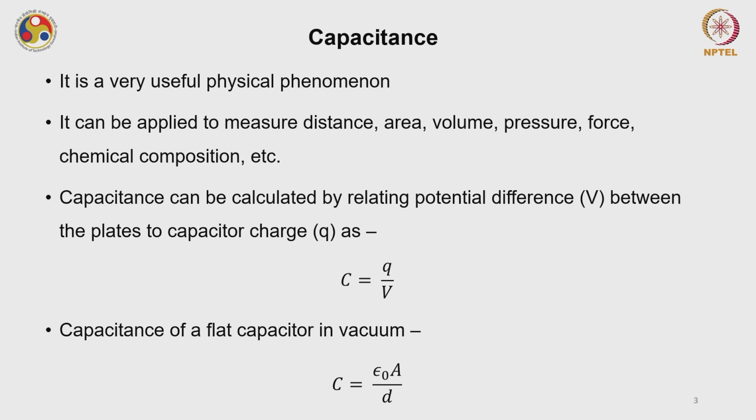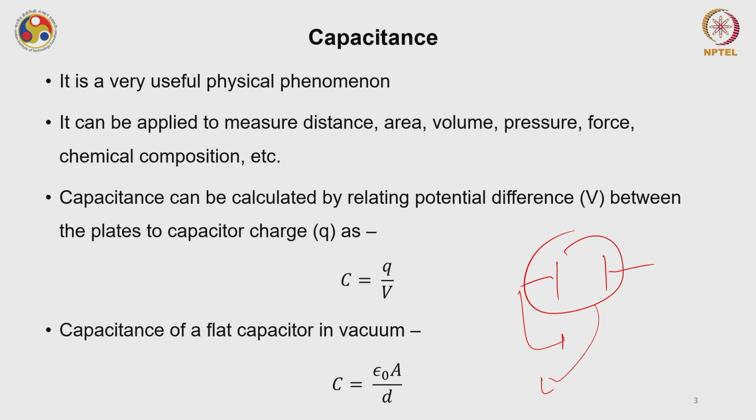Capacitance can be calculated by relating the potential difference between the plates to the charge, as C equals Q by V. If I have a parallel plate capacitor with charge Q and it carries a potential of V, the capacitance is Q by V. These concepts are taught in class 12 or before, but we are revisiting them in the context of sensors.